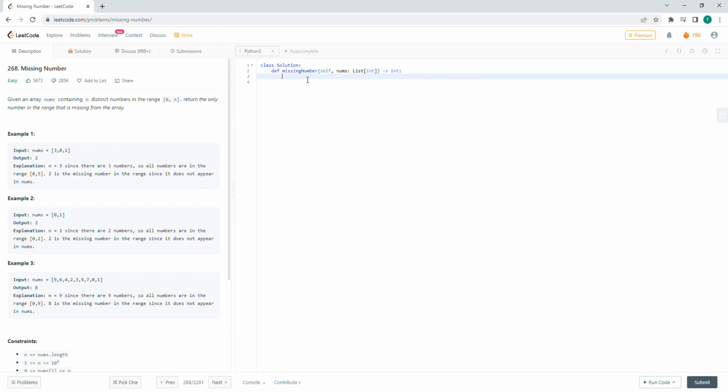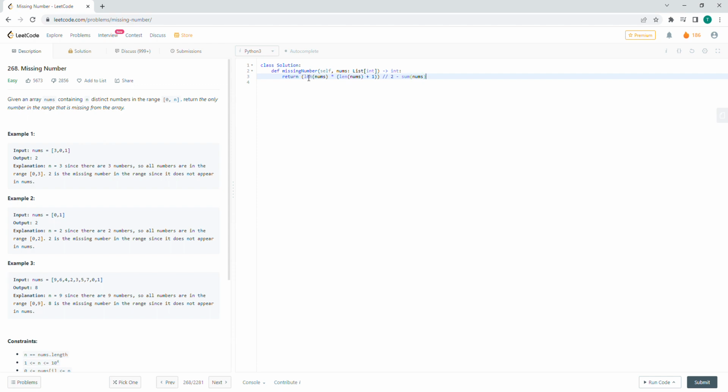We can actually probably do it in one line. So what we want to do is return the Gauss formula, which is the length of nums, so this is n, times the length of nums plus 1, divided by 2, and that'll be integer division, minus the sum of all the numbers together.